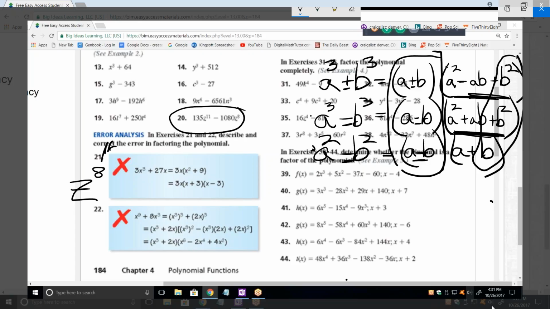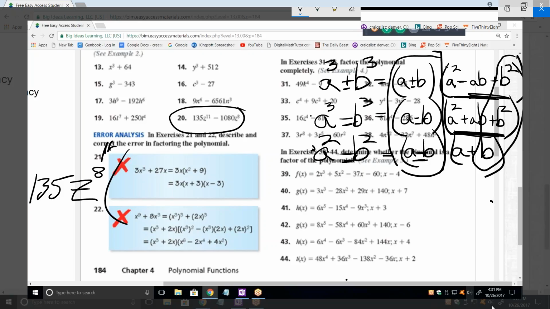If it is, you're going to pull out a 135 z to the 8th. My guess is that it might be. Is it? 1080 divided by 135. It's 8. So yeah.